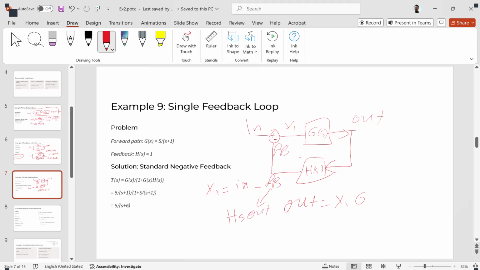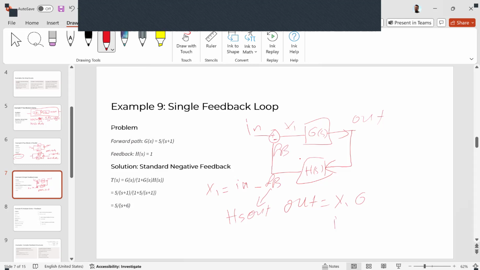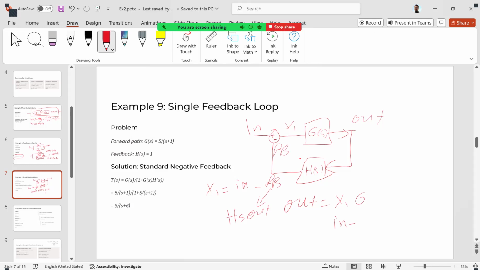So the x1 is input minus HS times output. Are we good so far? And this is equal to output. Are we good?